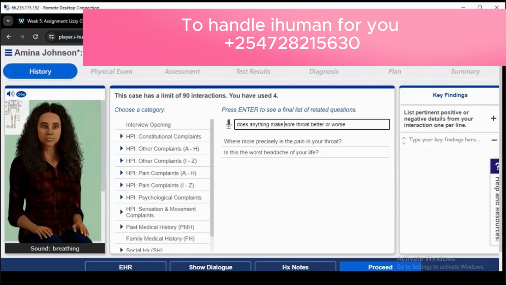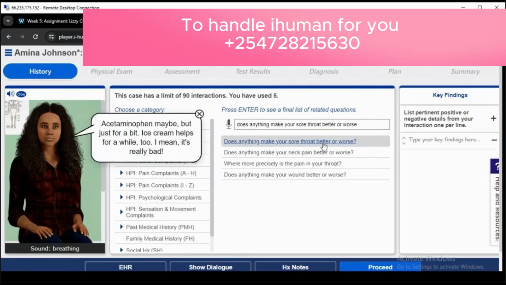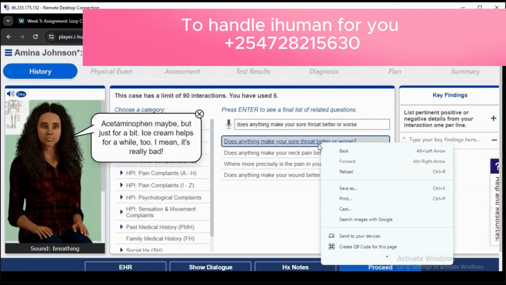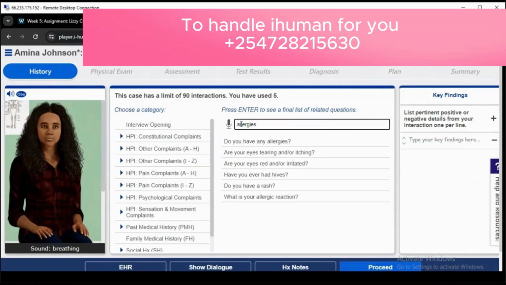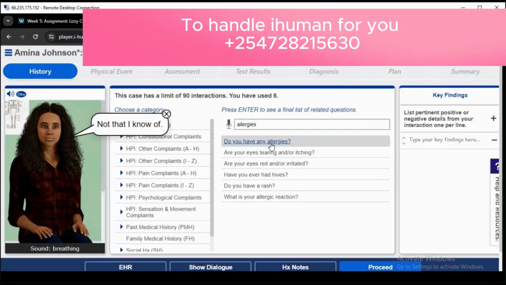If you know the questions, you can just ask them, and you can also use the search option or even use the microphone to ask the questions, or use specific keywords that help you get the questions.